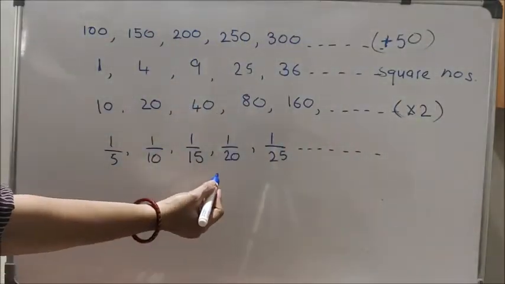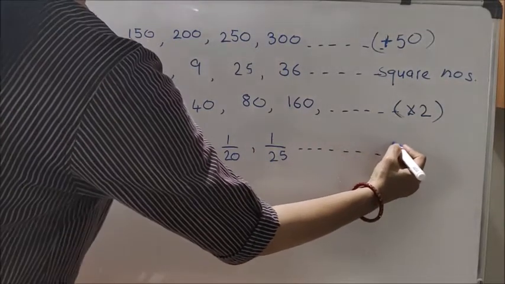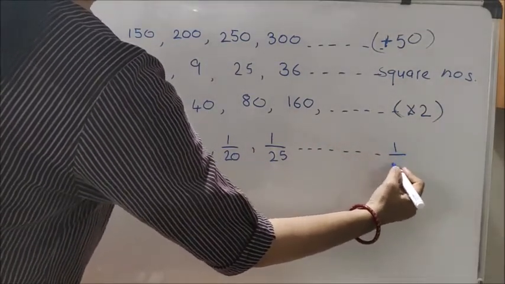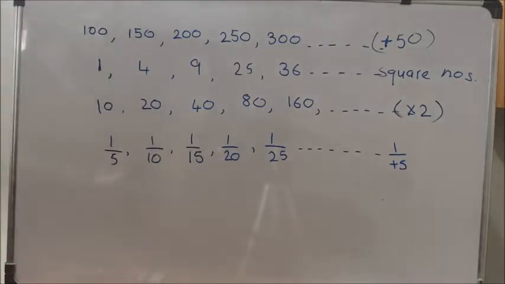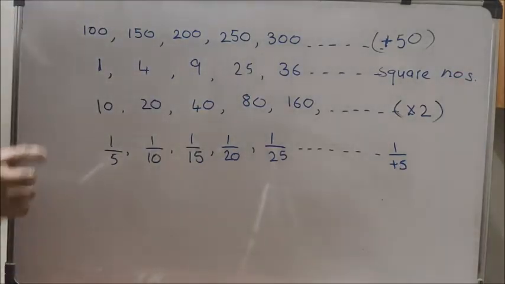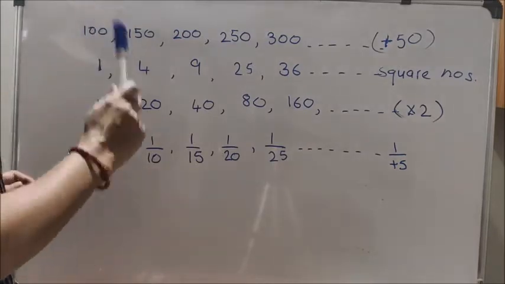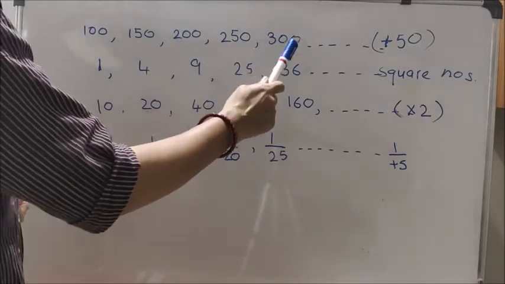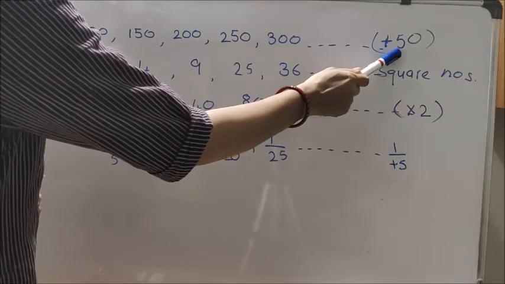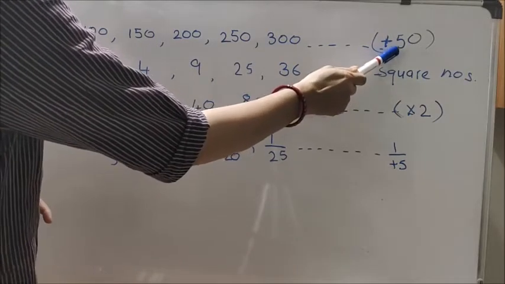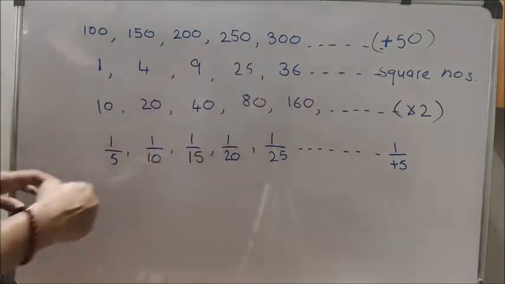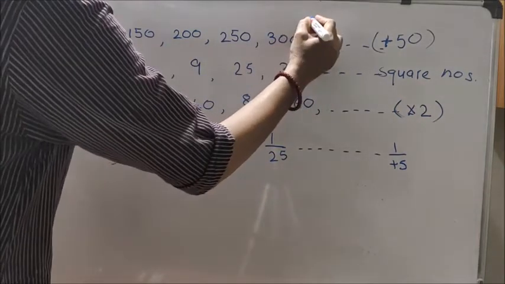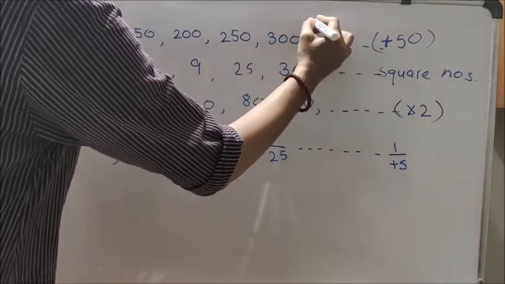And here you notice that in the denominator every time plus 5 is done and the numerator remains the same. Now any sequence in which to get the next terms a particular number is added, like in this case plus 50, such a sequence is called arithmetic progression.